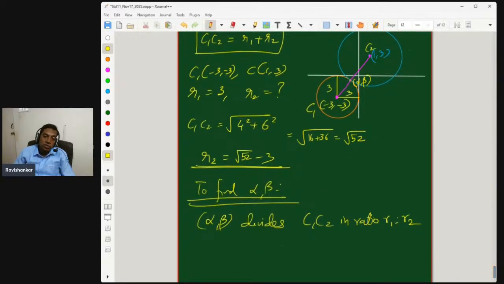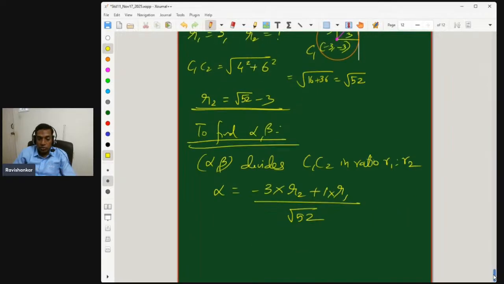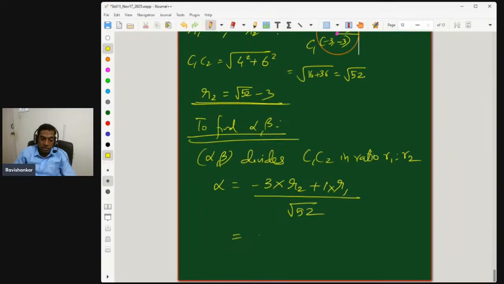So you see alpha is minus 3 into R2 plus 1 into R1 by R1 plus R2, which happens to be root 52, which is minus 3 into root 52 plus 9 plus 3.